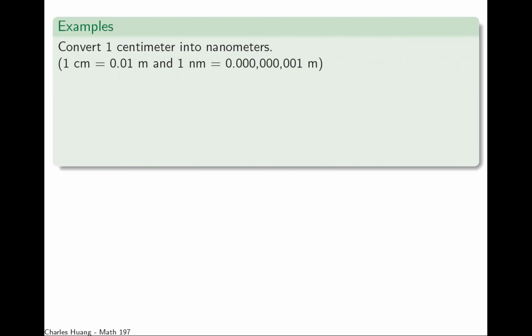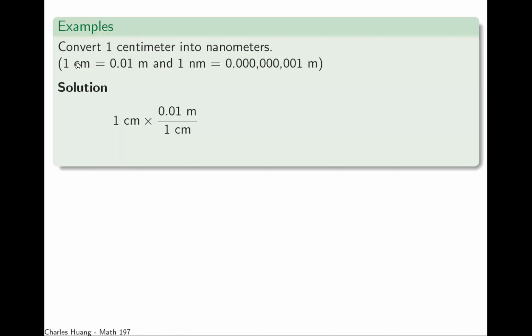Sometimes we'll have a question like this where we have to do the unit conversion 2 times. Here we want to convert from 1 centimeter into nanometers. So this one is centimeters over here, and I'll tell you on the assignments and exams that this is equivalent to 0.01 meters. When I write my equation, I start with 1 centimeter.